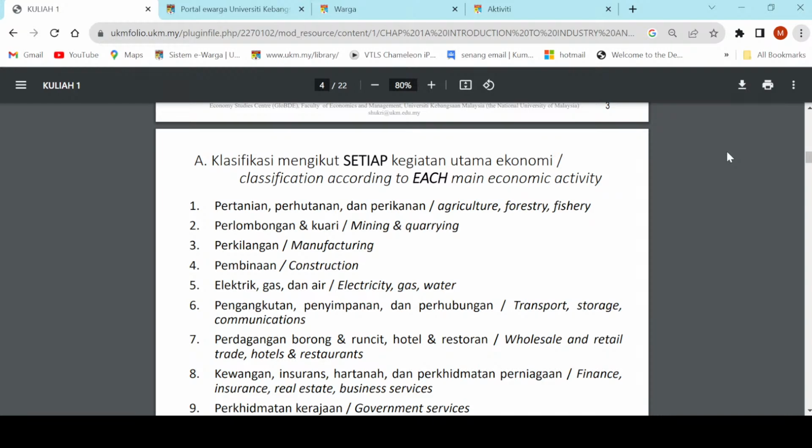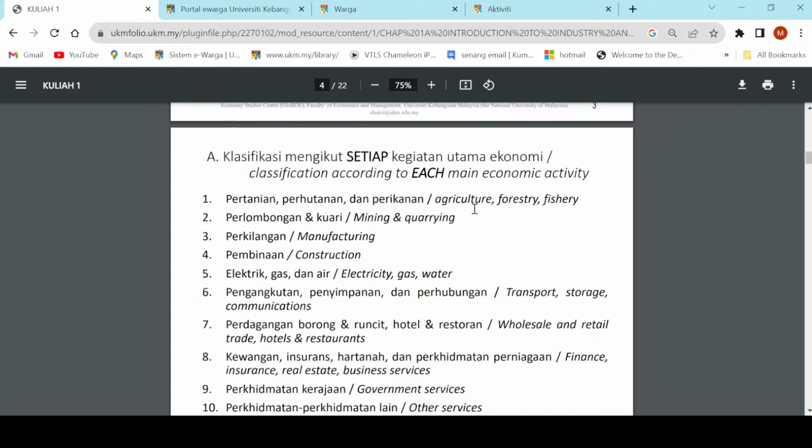Classification according to each main economic activity. The first one, by each. So we have here 10 main economic activities. 10 groupings of main. Why main? Agriculture. There's so many agriculture: strawberry, rice, palm, and vegetables. So many types.